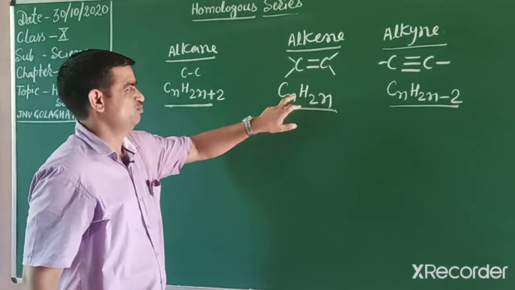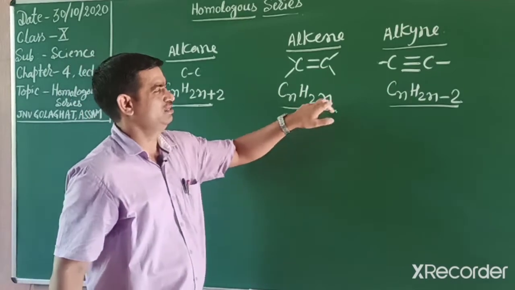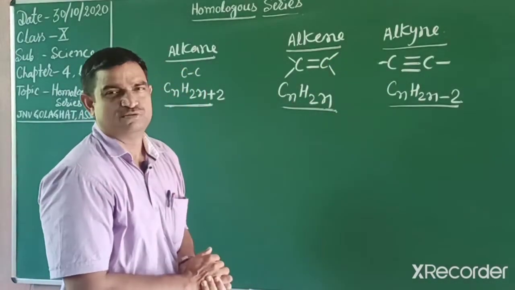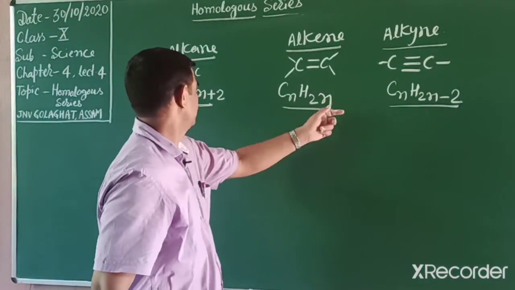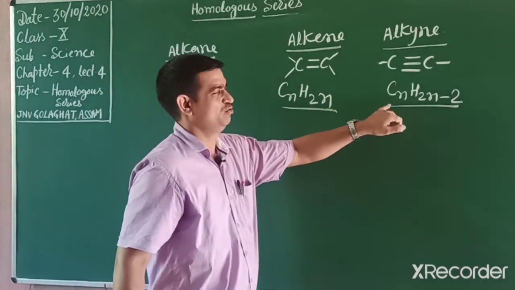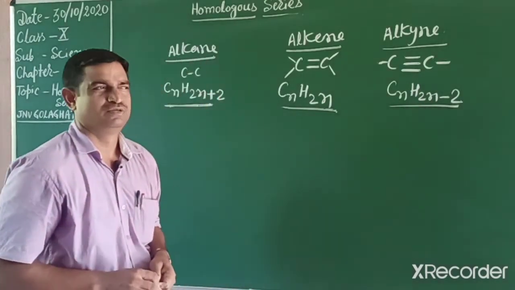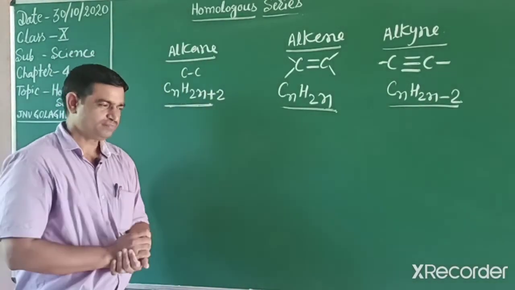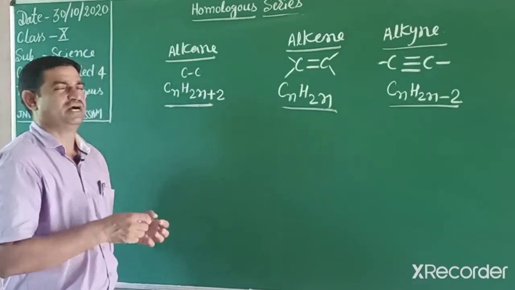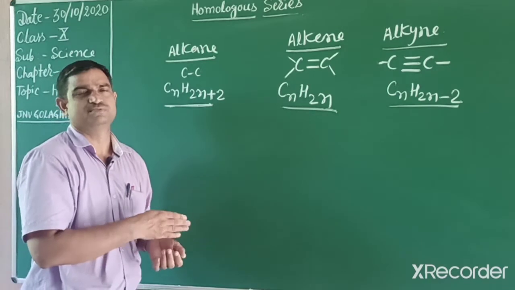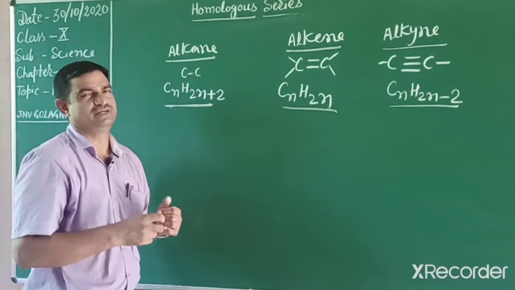Then its general formula is CnH2n. And further, for making one more bond, we have to remove again 2 hydrogen. Then its general formula is CnH2n minus 2.